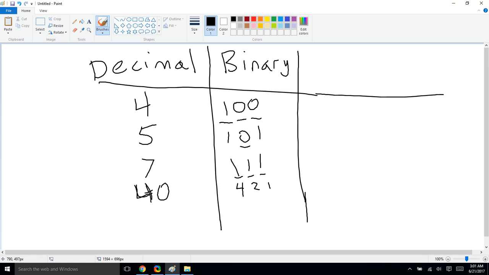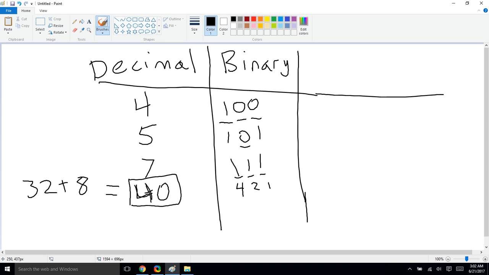Those are all powers of 2. And so what your number ends up being, say this number 40, we end up writing it as a sum of powers of 2. If we want to write 40 as a sum of different powers of 2, there's only one way to do that, and it is 32 plus 8.